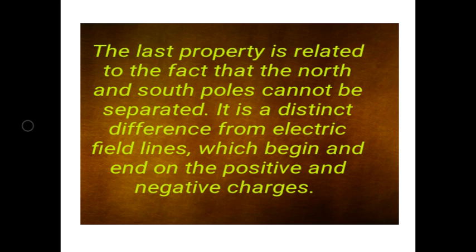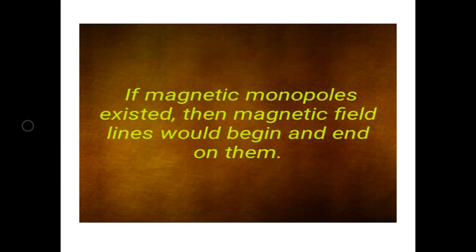But in the case of magnetic materials, we cannot separate the north pole from the south pole or the south pole from the north pole. They exist together. That is why the magnetic field lines are closed loops. If magnetic monopoles existed, monopoles meaning either a south pole or a north pole, a single pole, then magnetic field lines would begin and end on them.